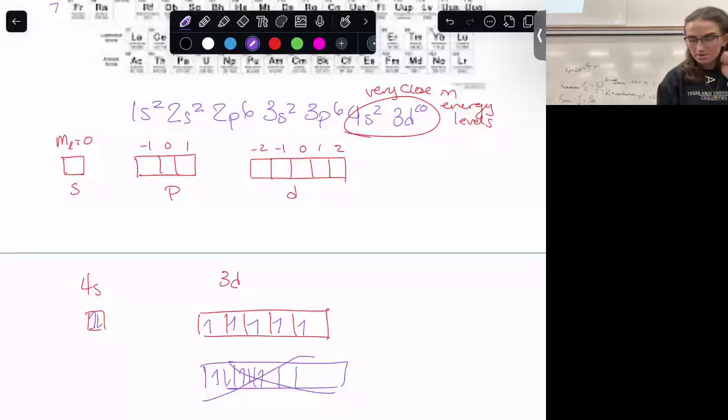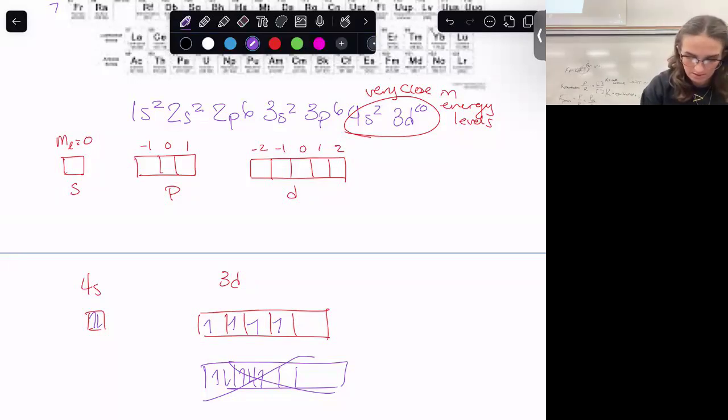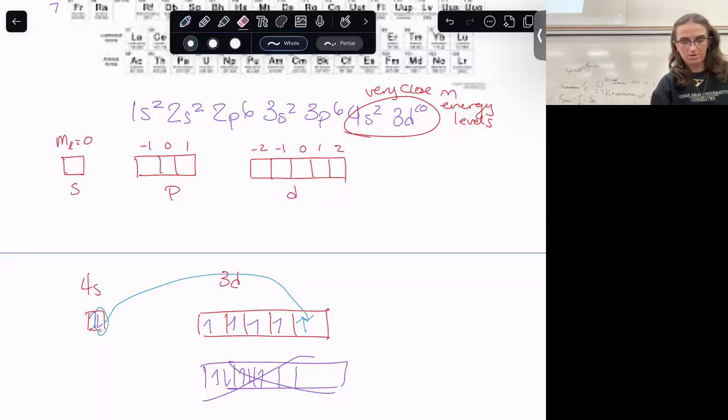So sometimes you get the case where you don't have this 3d orbital completely full, but your 4s was completely full. In this case, this paired electron pops up to this unoccupied orbital and makes this here, and we remove this here. So now we have 6 unpaired electrons instead of 4 unpaired and 2 paired.